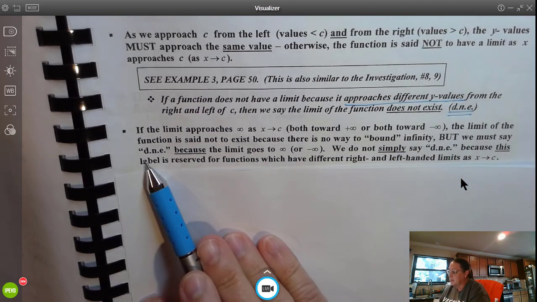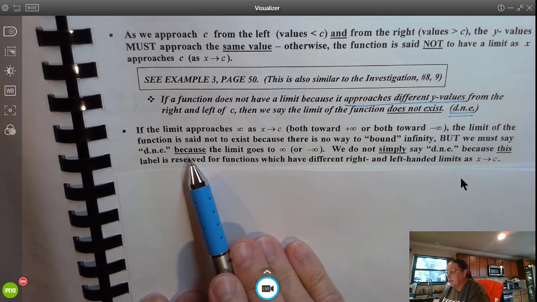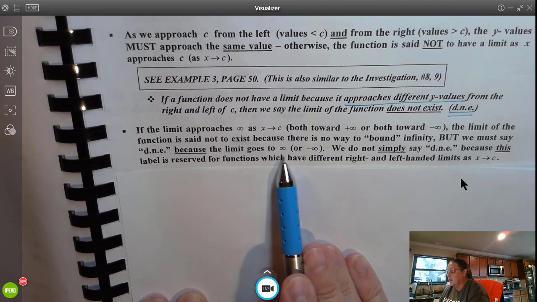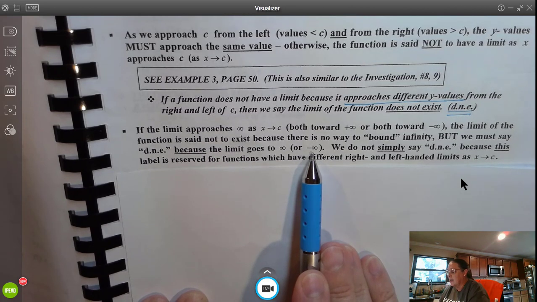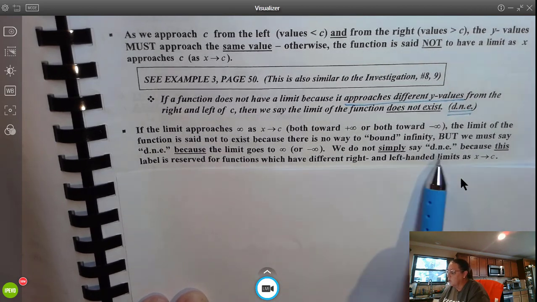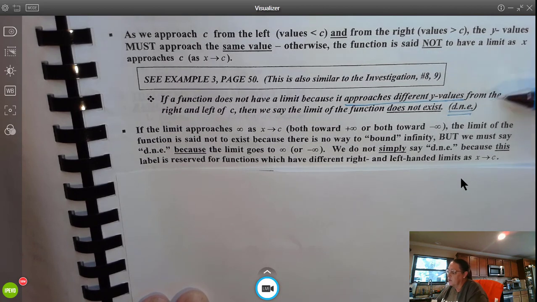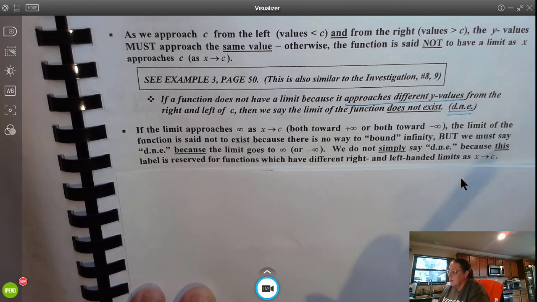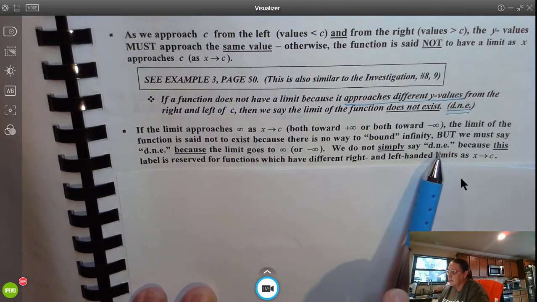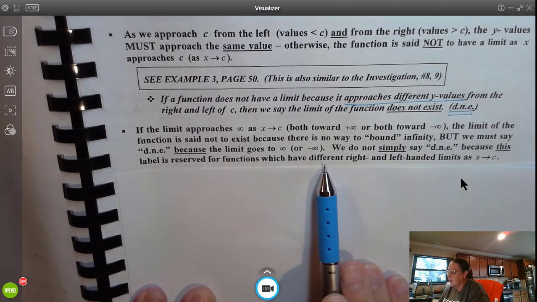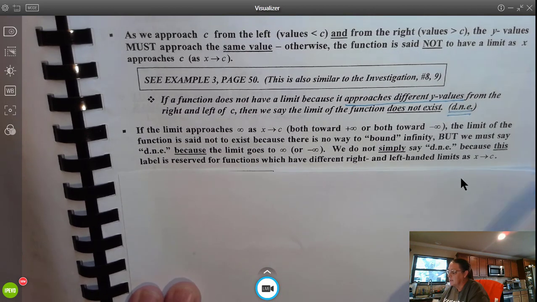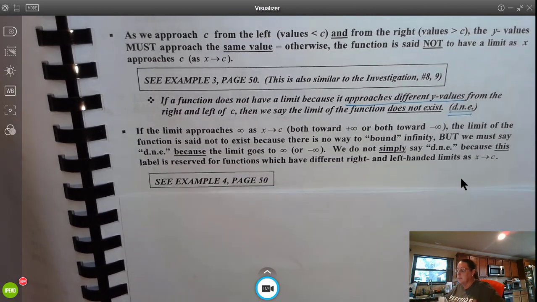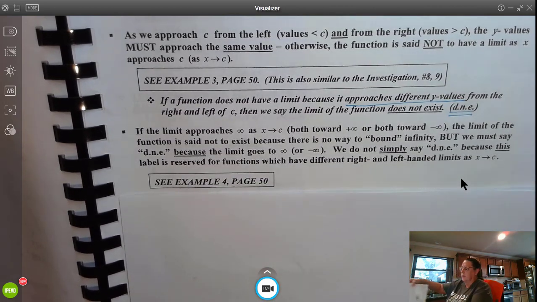But we must say it does not exist because the limit goes to infinity or negative infinity. Don't just say does not exist. We are reserving does not exist for the time when the function approaches different y values, because this label does not exist is reserved for functions which have different right and left-handed limits as x goes to c. Then it says, see example 4, page 50.